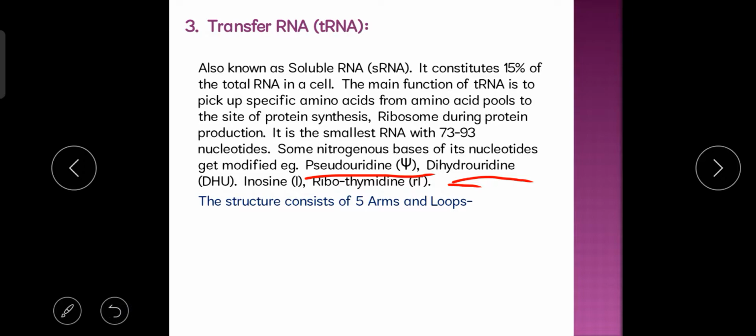So remember, some nitrogenous bases of the nucleotides of tRNA, transfer RNA, get modified. These are not found in the ribosomal RNA or messenger RNA. These are only found in the transfer RNA, which is the smallest RNA.